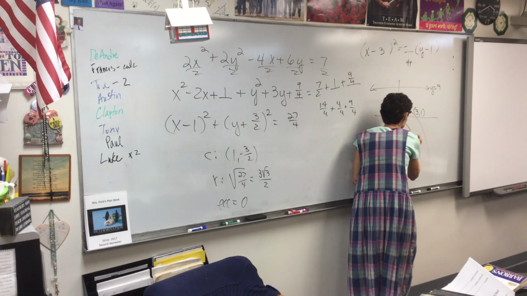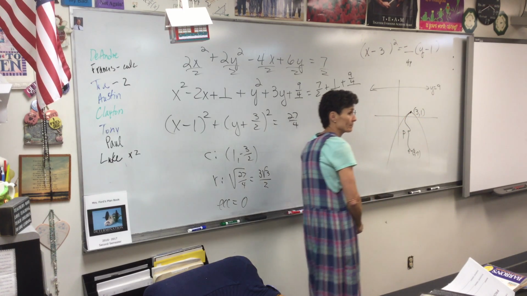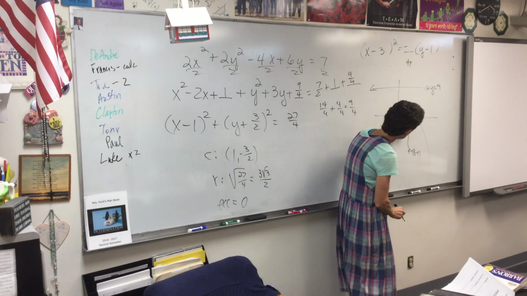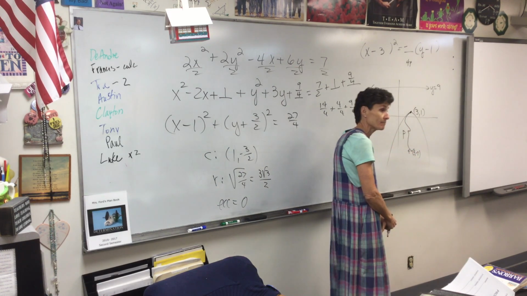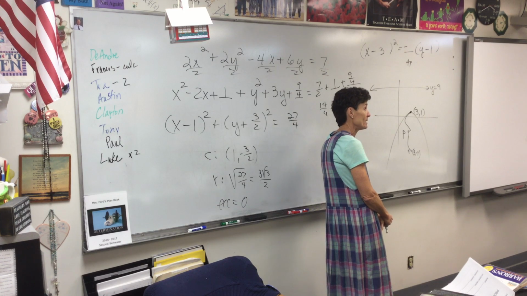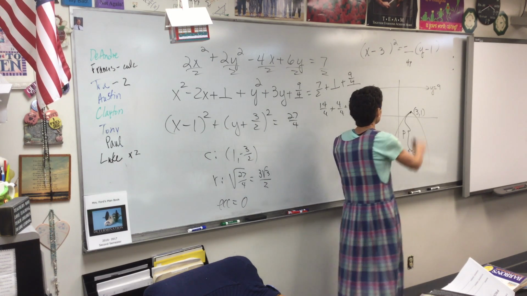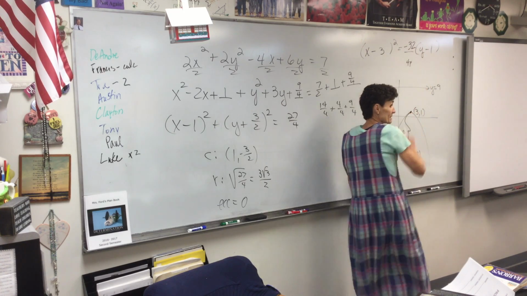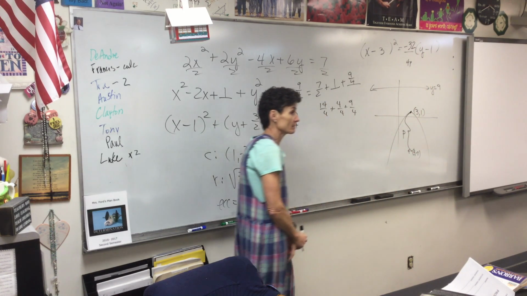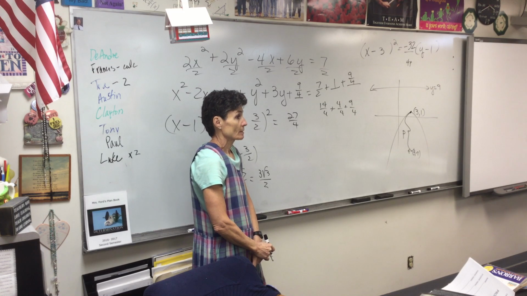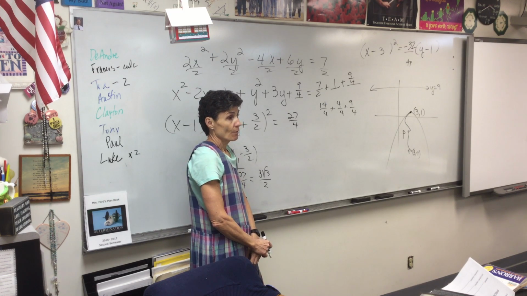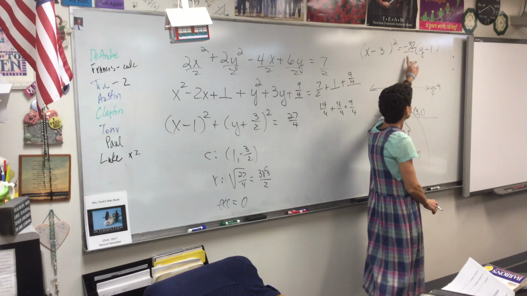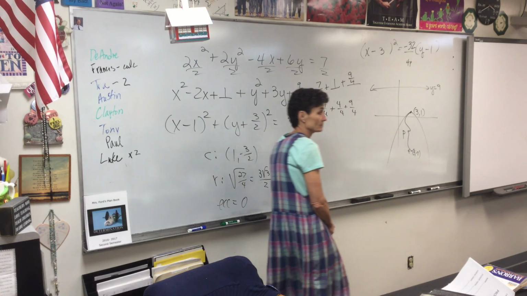This distance we call p. So in this problem, p is big. What if p is 8? If p is 8, then 4p must be 32, but it's negative. We already said that, because we're opening down. Remember, the distance from the vertex to the focus is p. That's always 4p.